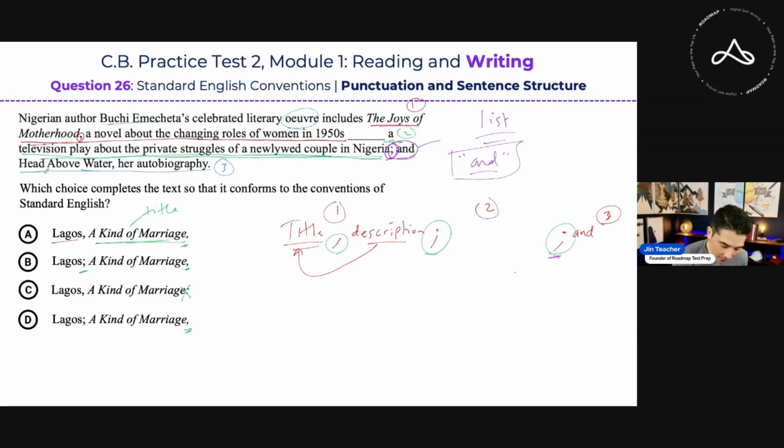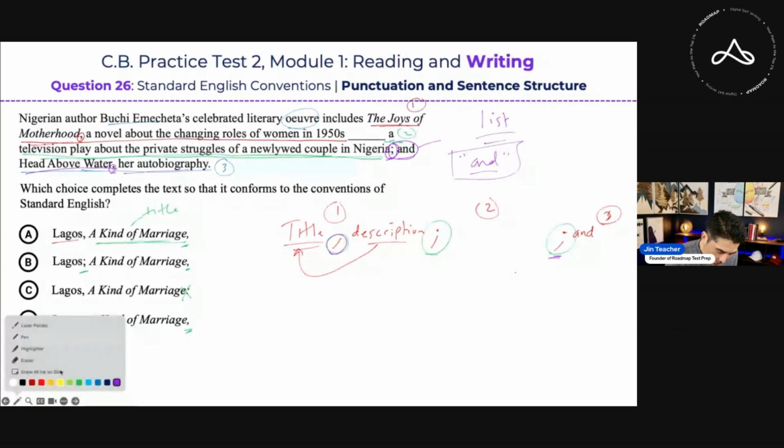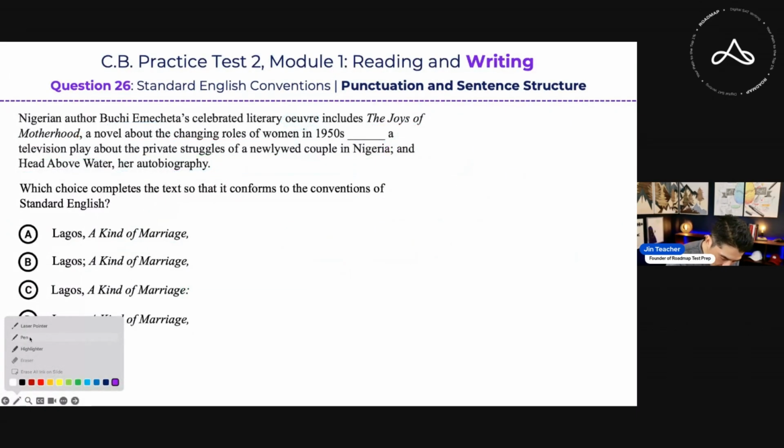And the third item that we have here again is going to be the title, Head Above Water, comma, and then now her autobiography, right? So give me a little bit of a detail about Head Above Water. Like, what is it? What's the detail about it? Oh, it's her autobiography, right? Good. So this is parallel structure, right? And this is a complex list because we have a comma that's used within each item, right?